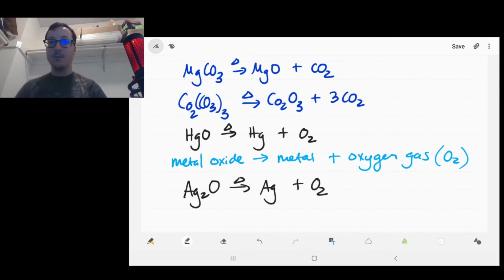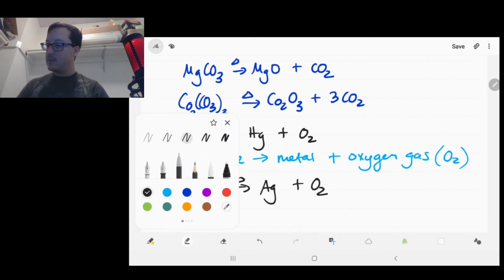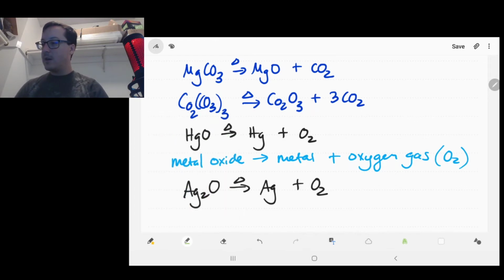Predicting the products isn't bad. If you wanted to balance things, which you should probably do, for example, we needed to balance the mercuries there because we have oxygen as O2. We're going to see with this next one, we would end up with 2 of these and 4 of those if we were to balance this.